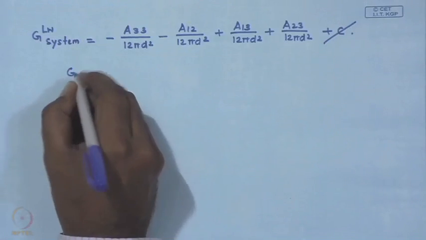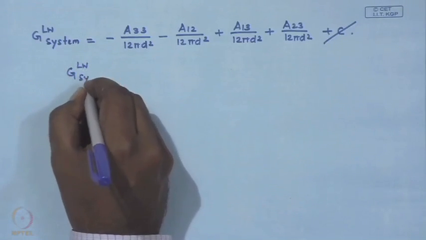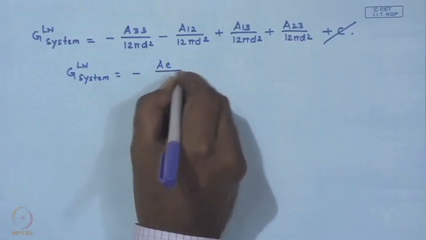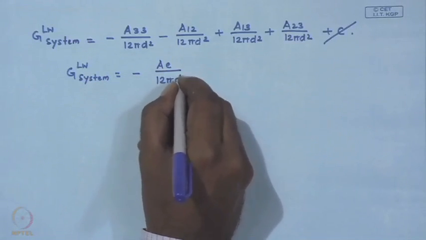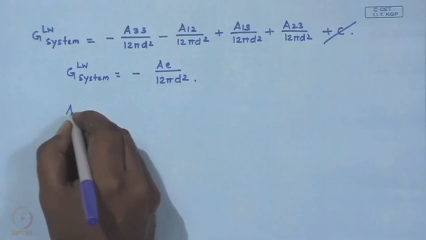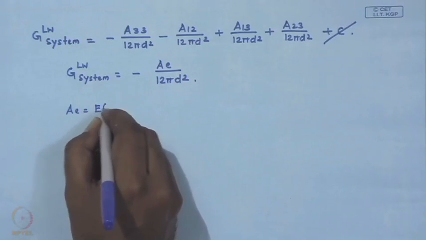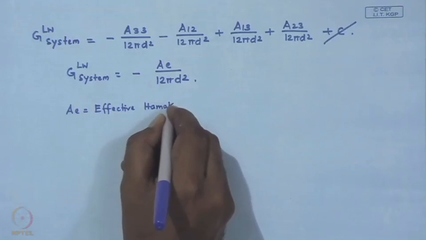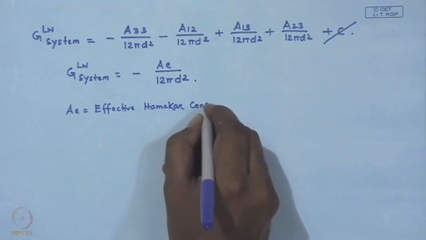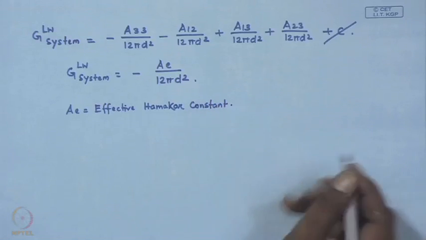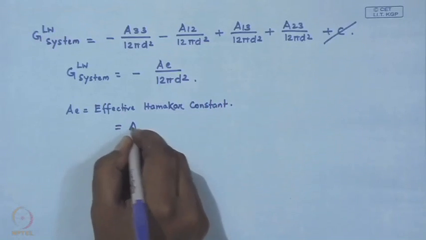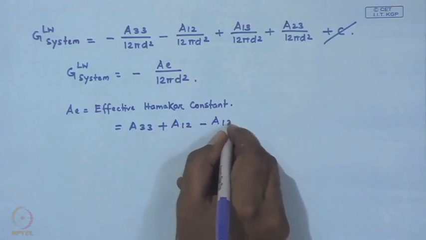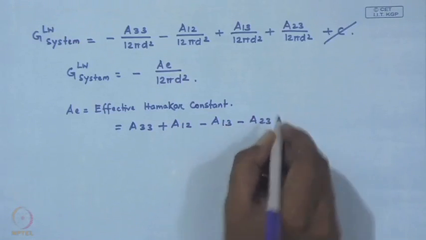Therefore, we can write the GLW of the system as minus AE divided by 12 pi d square, where AE is the Hamaker constant, and in this case has an expression of A33 plus A12 minus A13 minus A23.